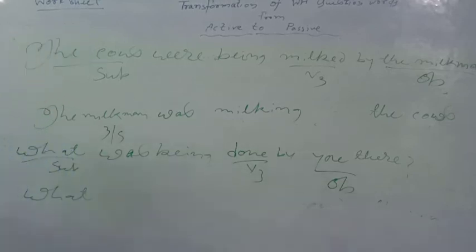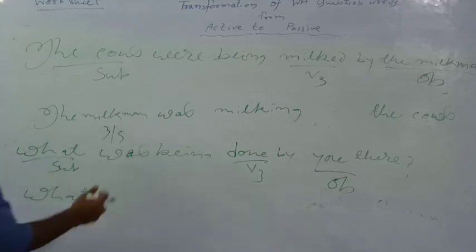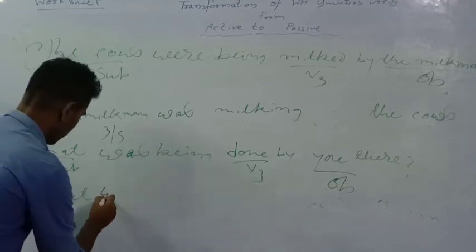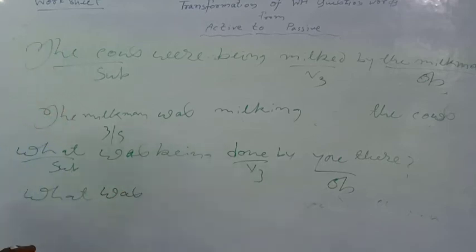Was being means it is past continuous. So in active voice, either was or were, be verb is needed in continuous also, is it? Was or were. What is third person singular number.